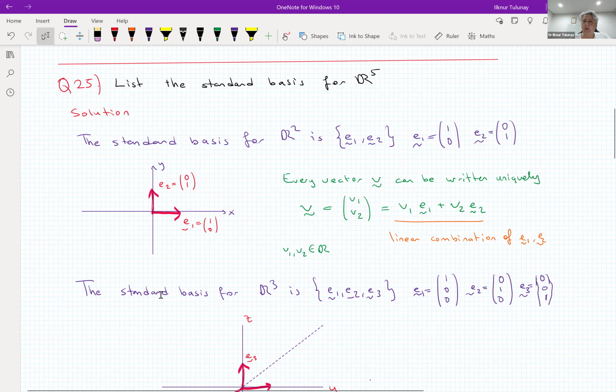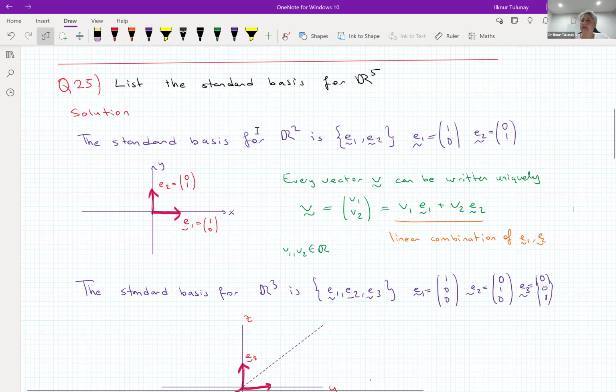And the concept of bases allows us to do that. And the standard here means that every vector space has some nicer spaces, and the standard here means nicer spaces. And R5 is really the simplest vector space that you can possibly work on.